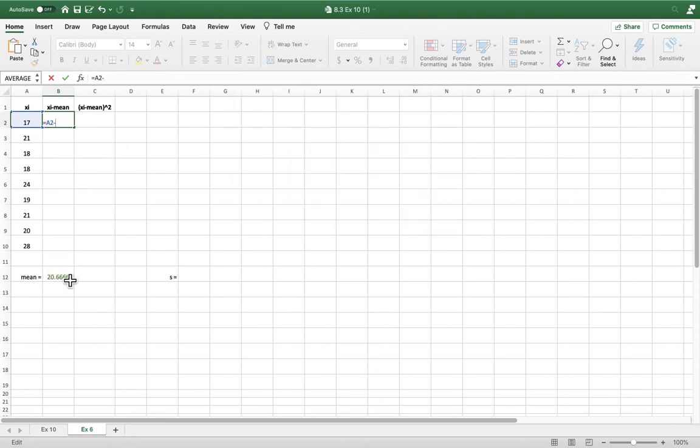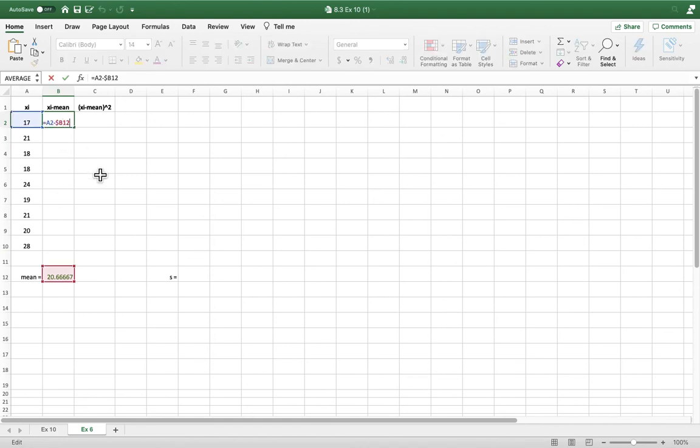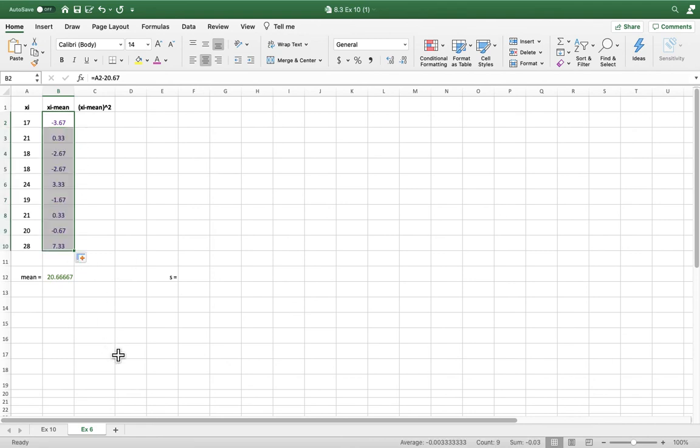The reason I'm doing that is so that when I drag this down, it keeps the reference. It didn't keep it, so let's just type it in. That'll be the easiest thing to do. 20.67. There we go. And now when I drag this down, it will subtract 20.67 from each of those data values.